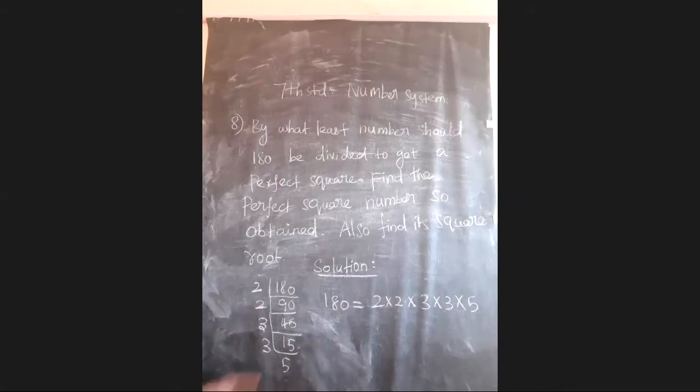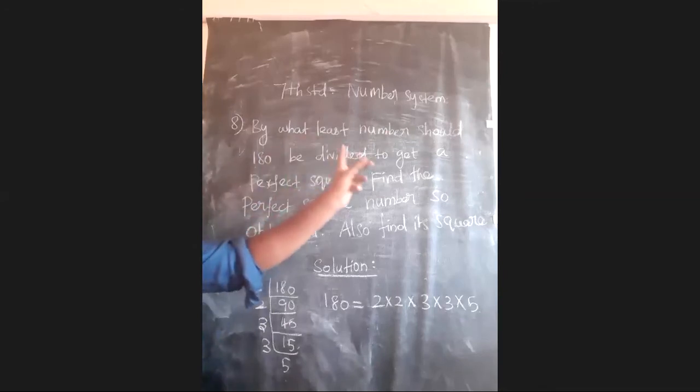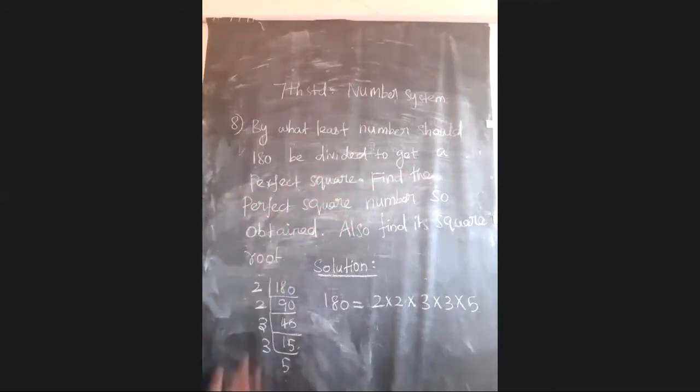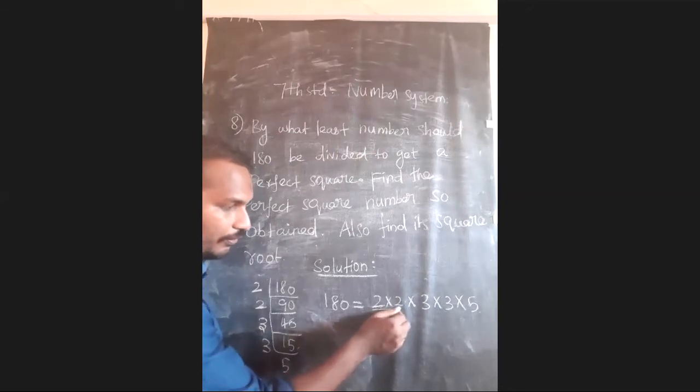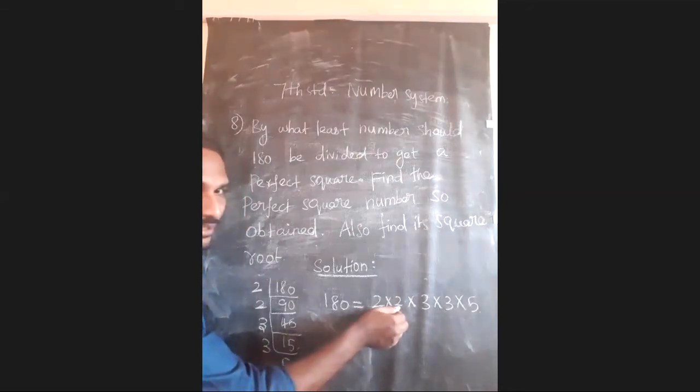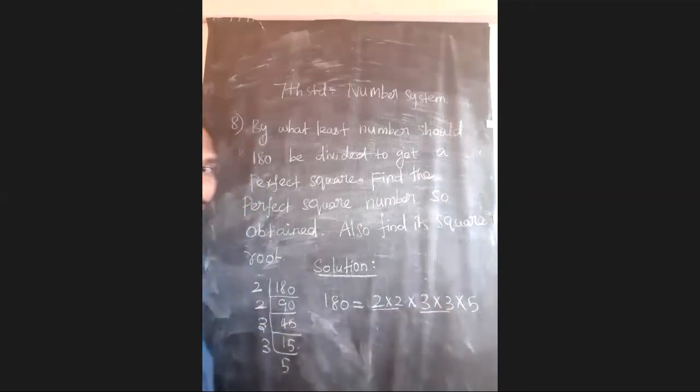And everyone knows very well by what least number should be divided to get a perfect square. Okay. Which number you will divide to get a perfect square? See here. 2 into 2, 2 is repeated 2 times. 3 into 3, 3 is also repeated 2 times. Hope you remember last week I discussed how to find the square root of a number.